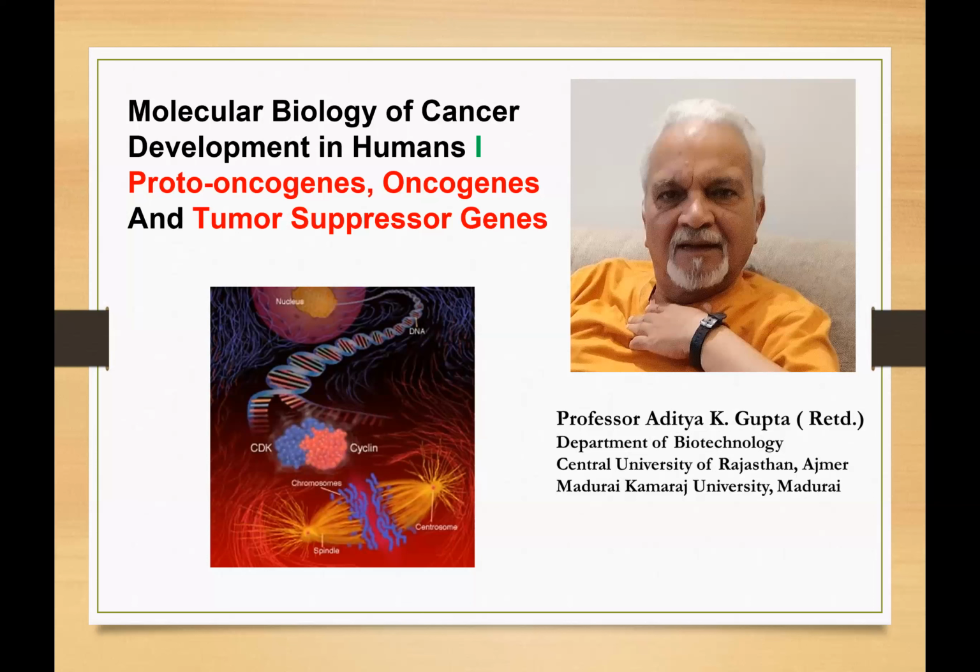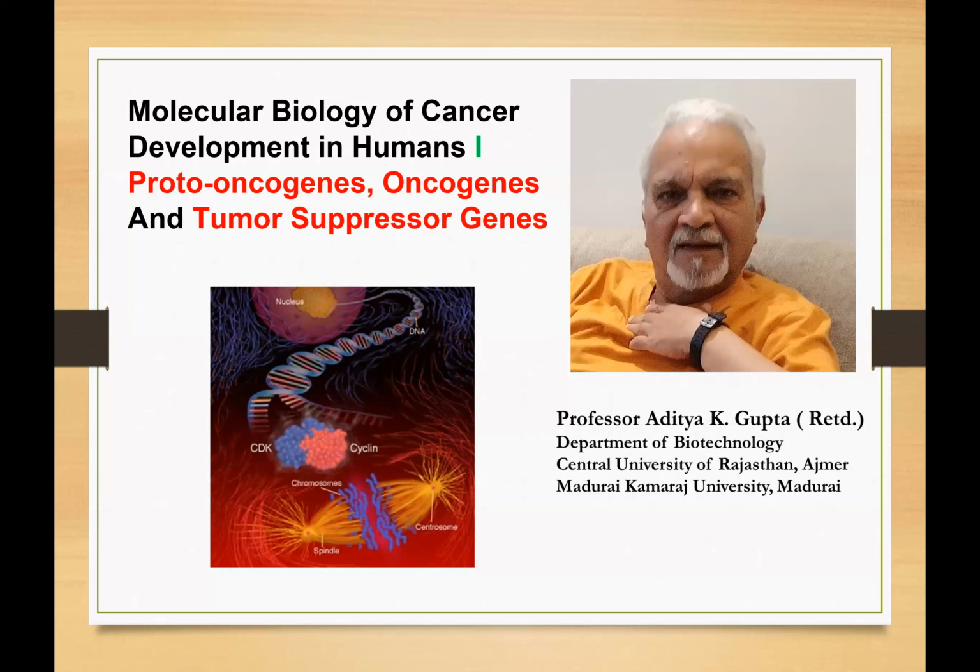Now, what kind of change does it undergo? That is, it starts dividing without any controls and regulation, and it becomes immortal. And finally, this dividing cell starts spreading to other parts of the body, the process we call metastasis.